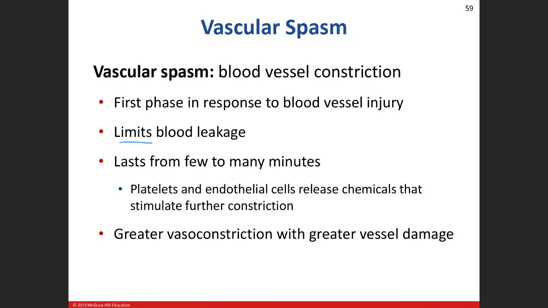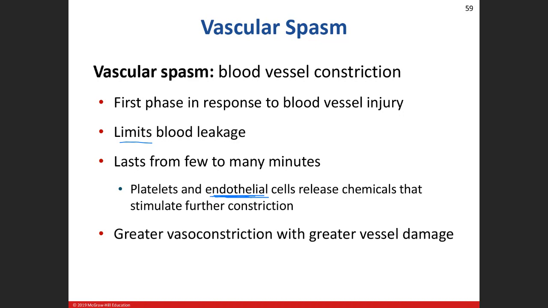So this takes a couple minutes. The endothelial cells are going to release, through that process of chemotaxis, chemicals that are going to signal our blood clotting platelets, and also our white blood cells, to head to that area.